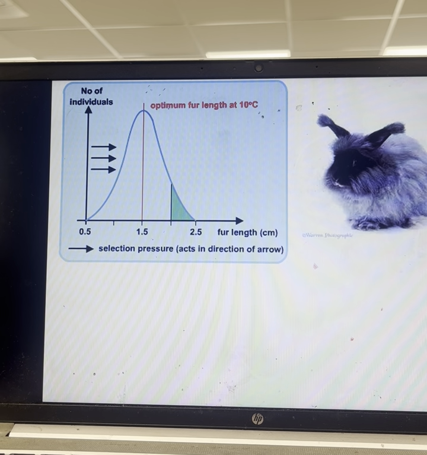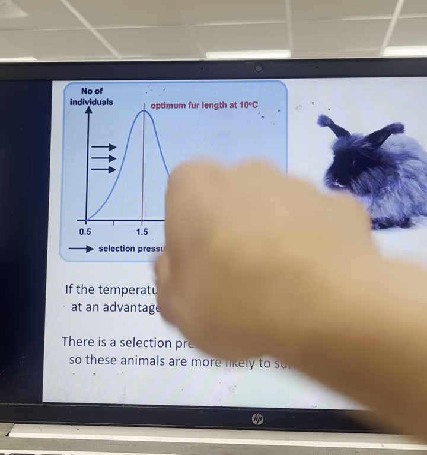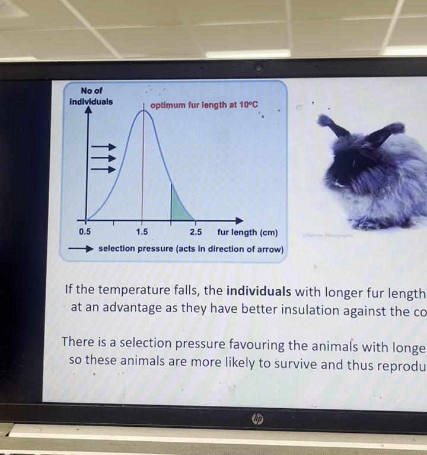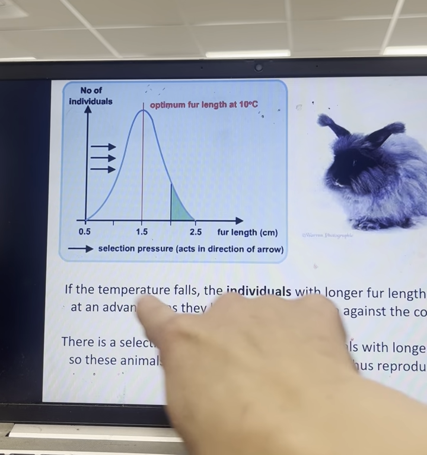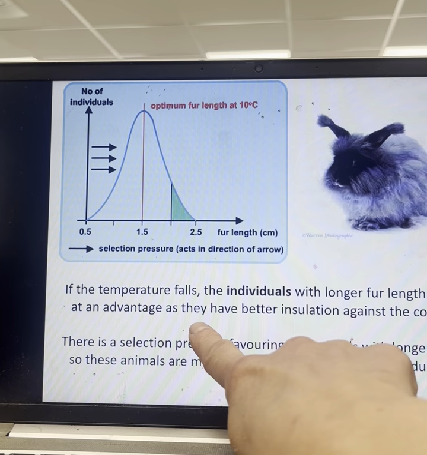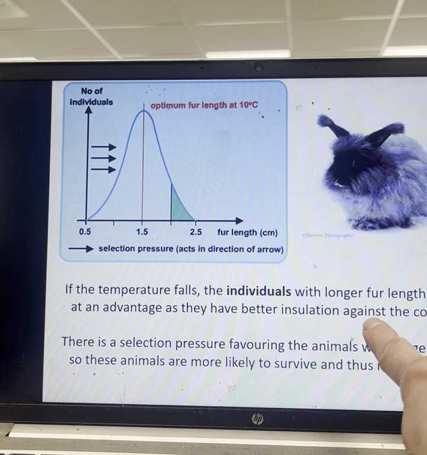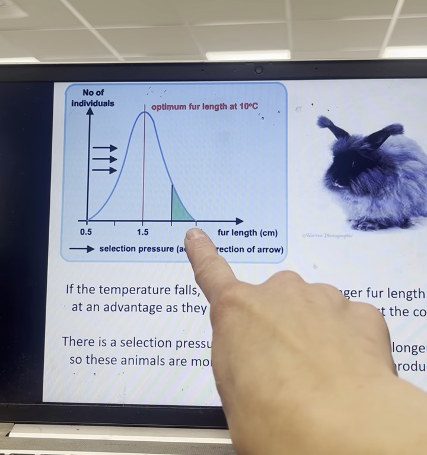Selection pressures. If you are going this side, so we can see that it's hotter, warmer, whatever. If the temperature falls, individuals with longer fur length are at an advantage as they have better insulation against the cold. Right, sorry, fur length along here.